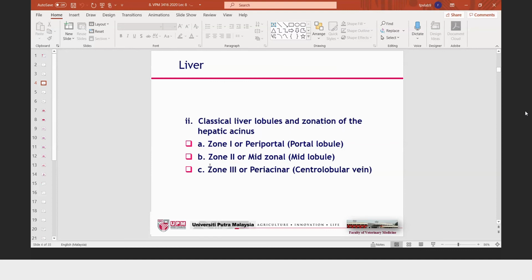So this is a very good example where at one time people thought it was more on the lobule, but after new research findings, they put it in the zone. In terms of pathology, maybe not important, but to me, what is important here is the lesson learned. When you go to higher knowledge, you will find that there are some changes.